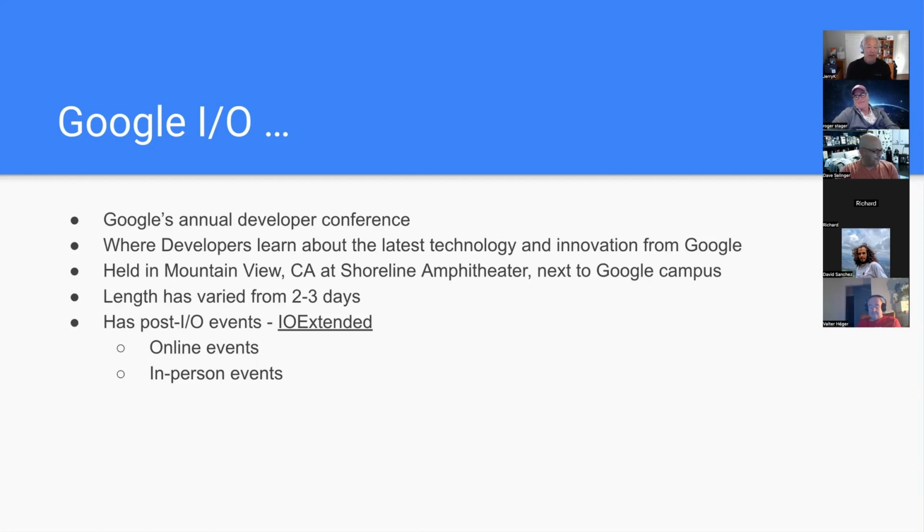Okay. So the length has varied from 2 to 3 days, but there are typically things ahead of it and behind it. In other words, like I'm part of what's called the Google Development Expert Program. And so we had a meeting the day before on Monday and then the day after on Thursday. So they usually have some other things.